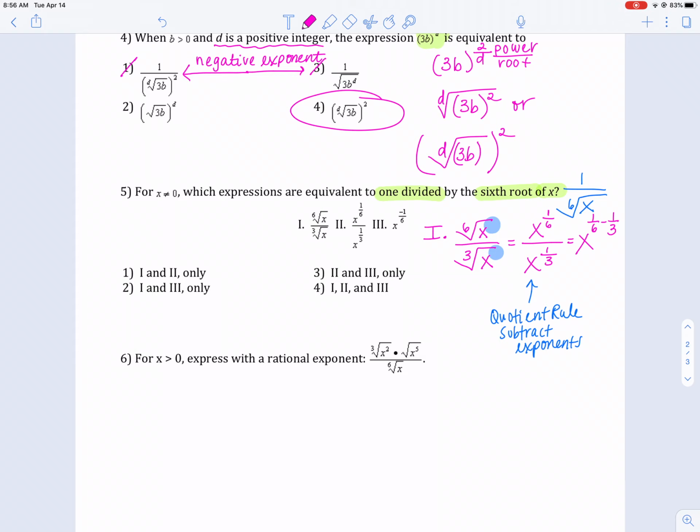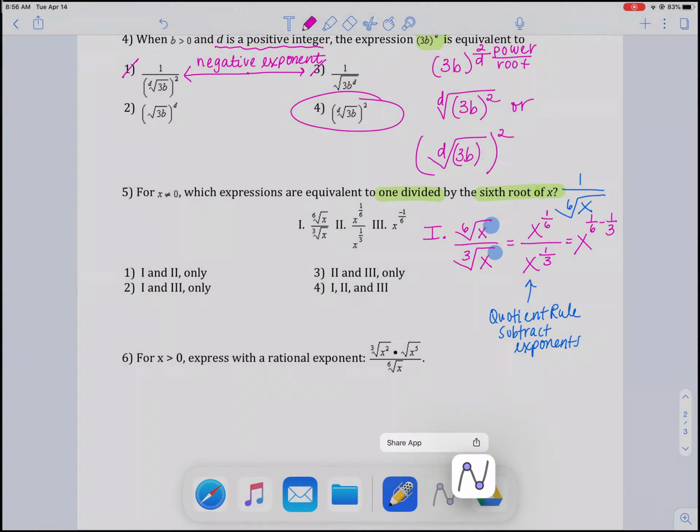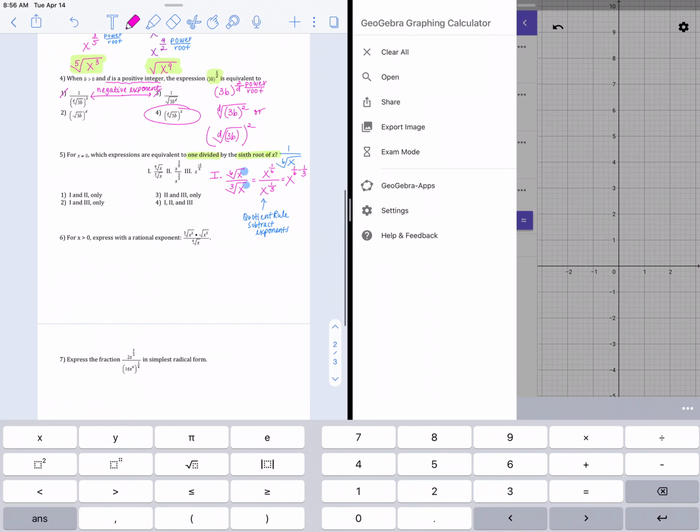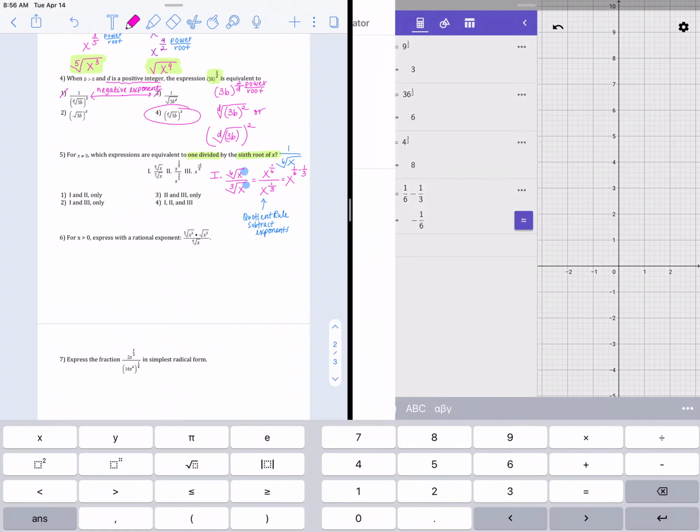So I'm going to go to the calculator. Let's take 1/6 and subtract 1/3. So I'm going to do 1 divided by 6 and subtract 1 divided by 3. Okay, and look what I get. Negative 1/6. I hate when that does that.